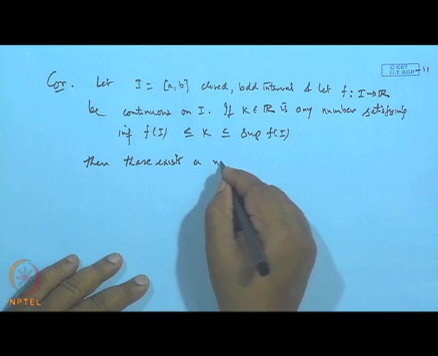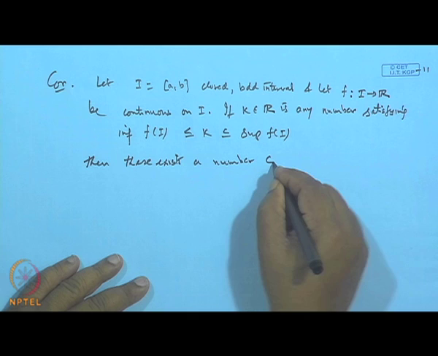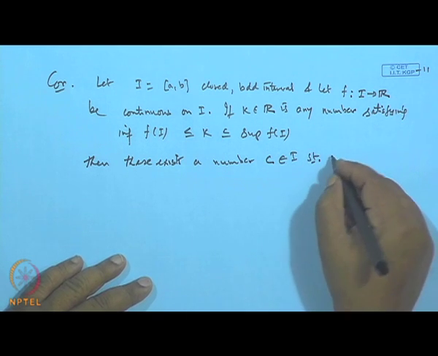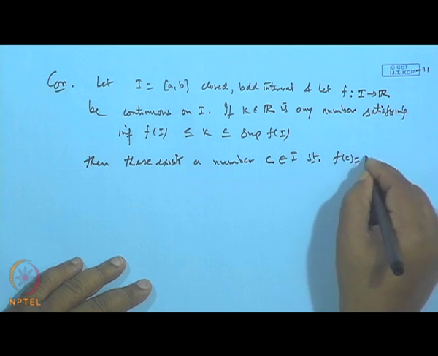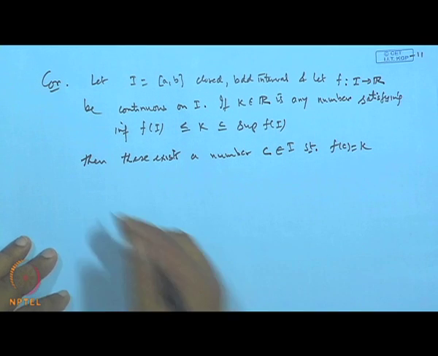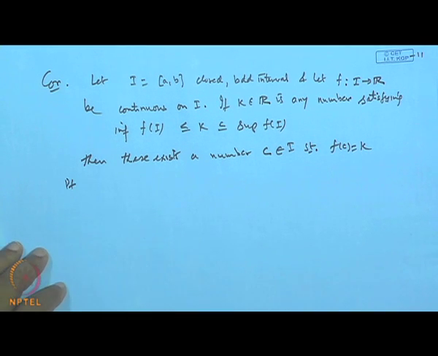a number C in I such that the value of the function at the point C will be k, meaning this k will be attained by the function at some point. Okay. The proof follows just from the maximum minimum theorem and our previous Bolzano intermediate theorem.